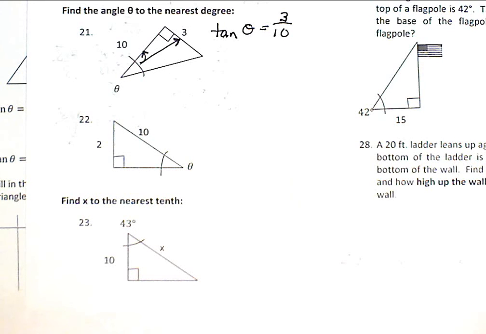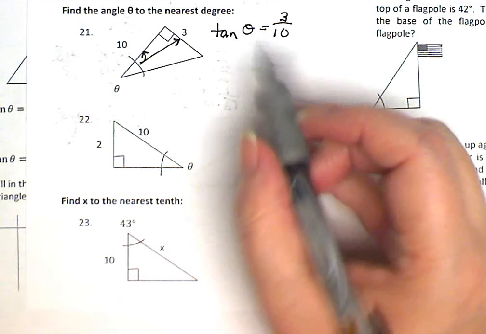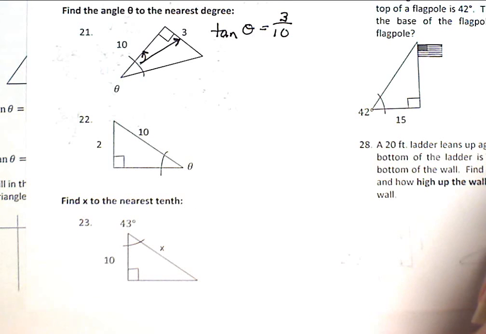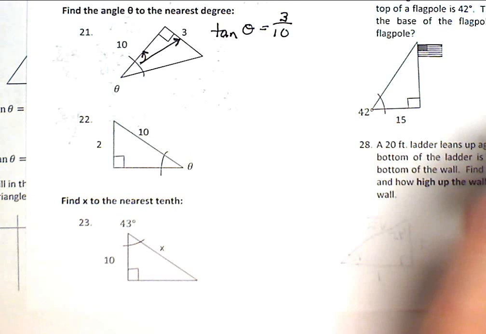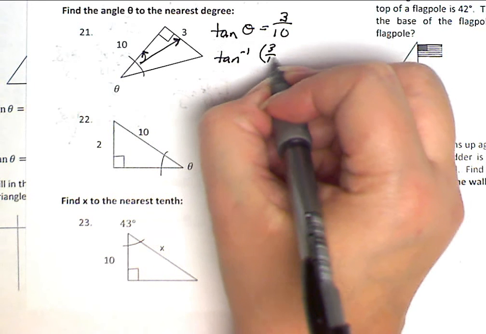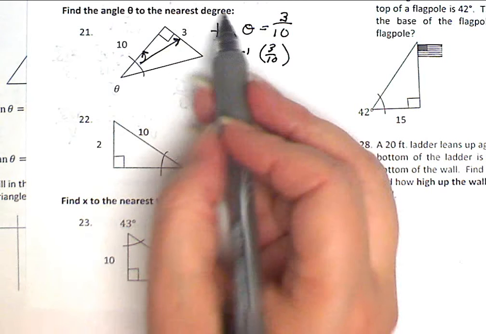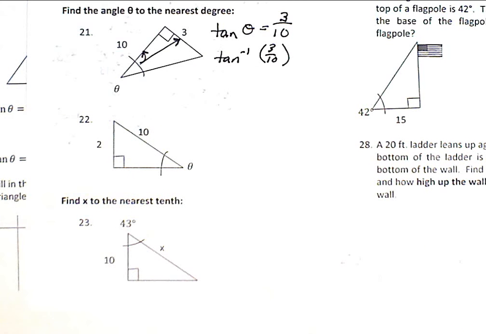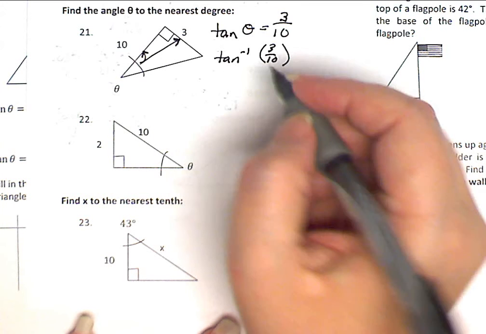How do I find theta? We do the inverse tangent. So tan inverse of 3 over 10. It says nearest degree. Is it 17? You all agree it's 17?